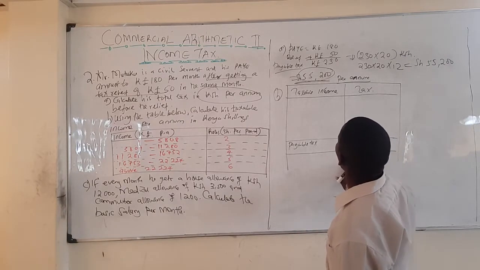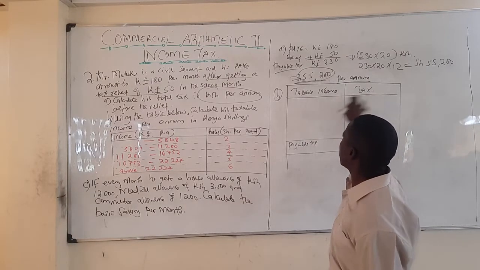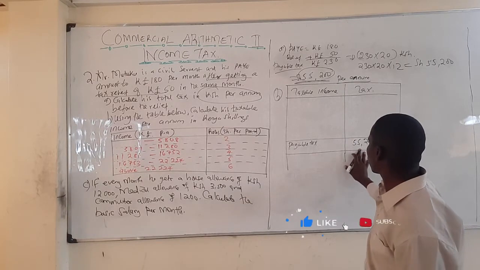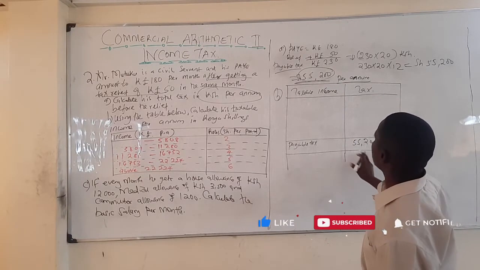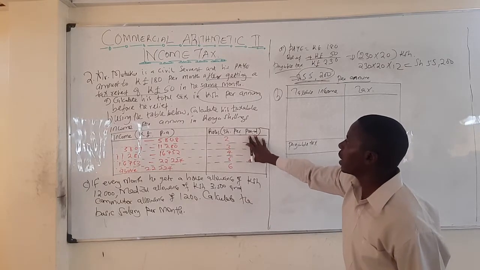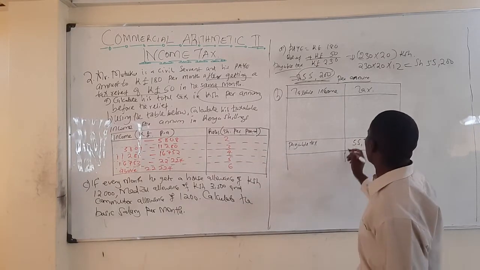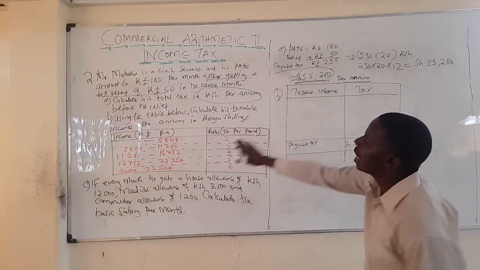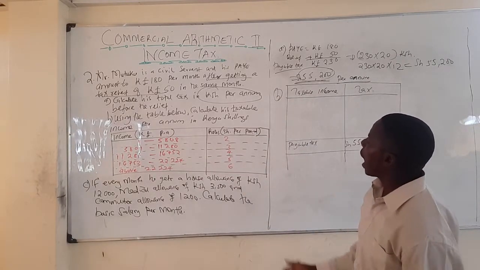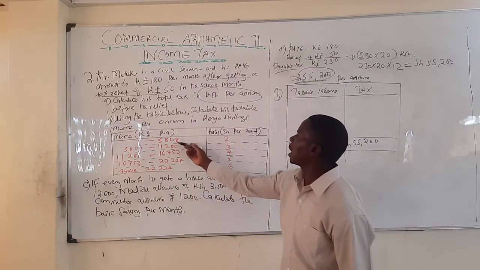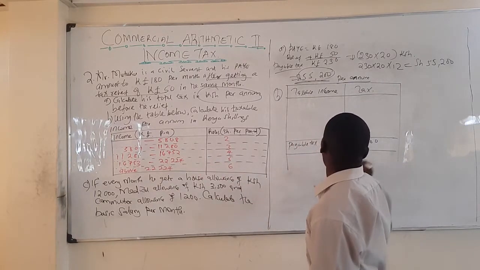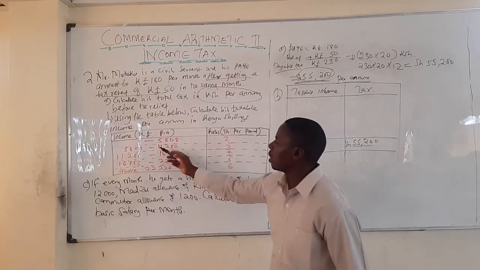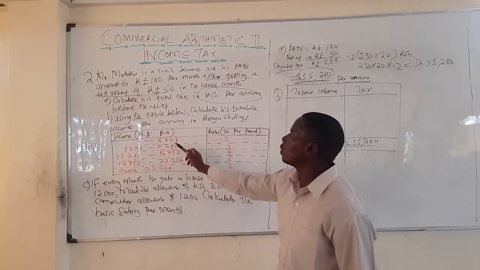We want to ask ourselves, how much do we tax the taxable income here to give us the 55,200? Remember, this side is in shillings, and this side is in Kenya pounds. So we tax until we reach 55,200. In the first bracket, we tax from 1 to 5,808.